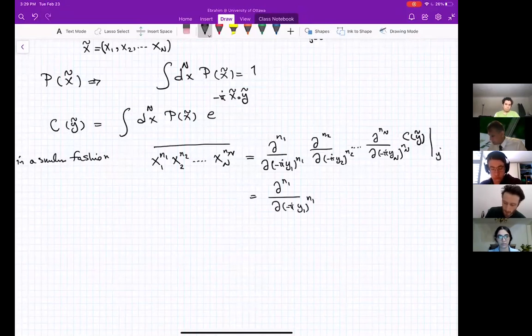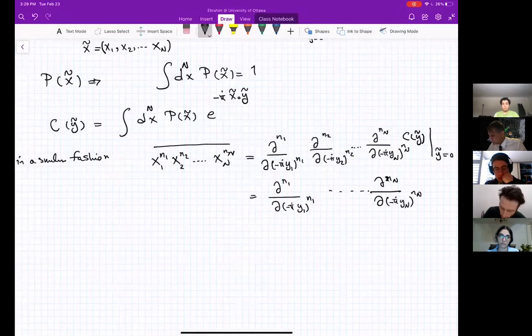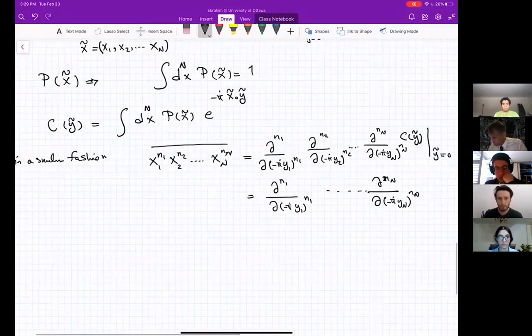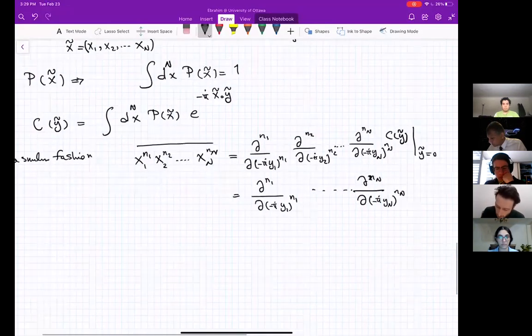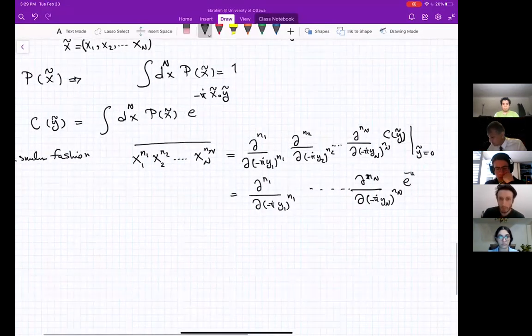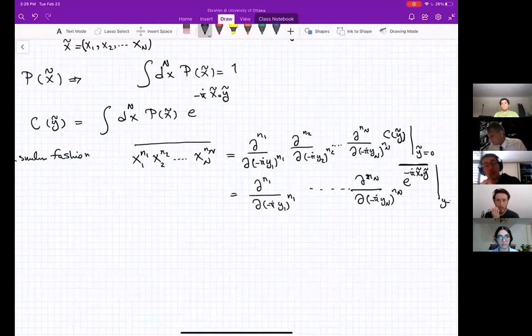At y equal to 0. And what we know is that the characteristic function essentially is nothing more than the average of the Fourier transform. This is what Nazanin told us. So essentially, this is e to the power of minus i x dot y, averaged at y equal to 0.